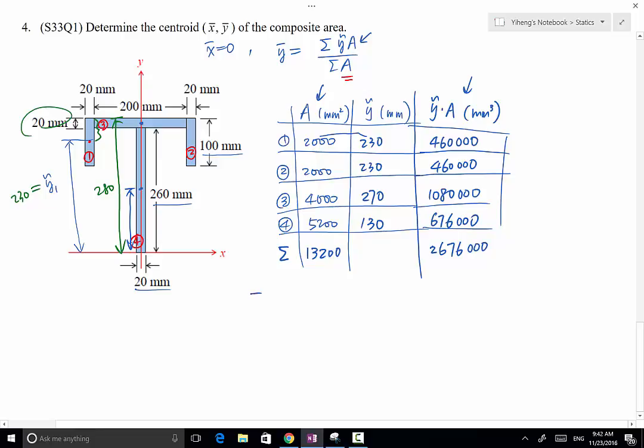As you can tell, our y bar equals the summation of y tilde A over the summation of A, which is 2,676,000 divided by 13,200, and eventually that equals 202.7 millimeter.